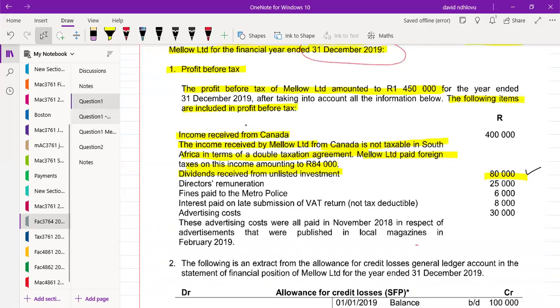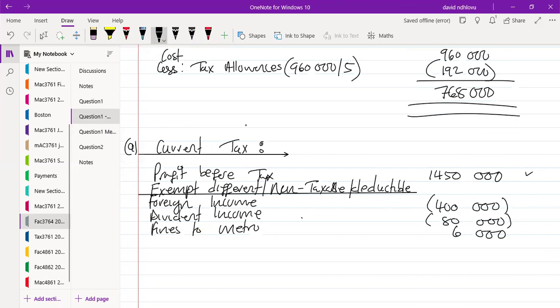Director's remuneration. This is not an exempt difference. Fines paid to the metro, 6,000. Of course, the fines to any arm of government, this is an exempt difference. The amount is 6,000. It was deducted in arriving at the profit before tax. So what do we do? We reverse by adding it back.